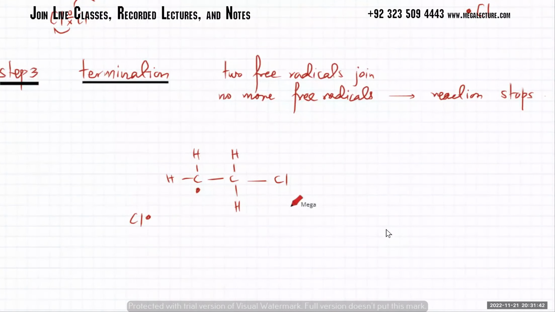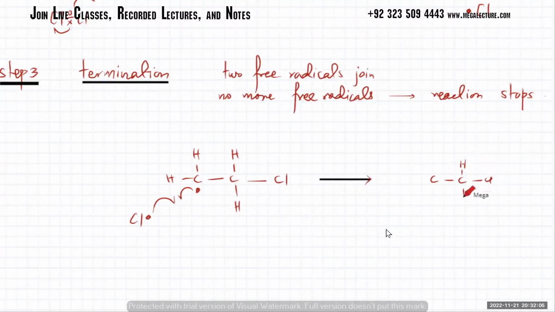So why don't they just join with each other and stop the propagation step? So this will join up with this. The two will simply connect together and they will end up producing whatever product is going to be produced. And you'll be out of radicals now. So no more propagation.